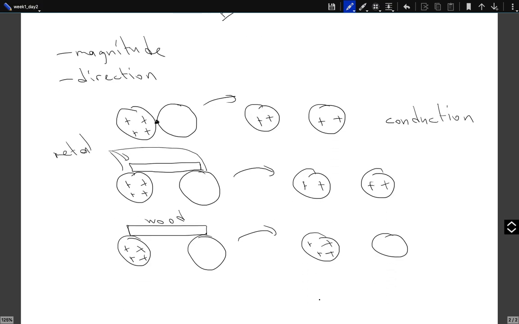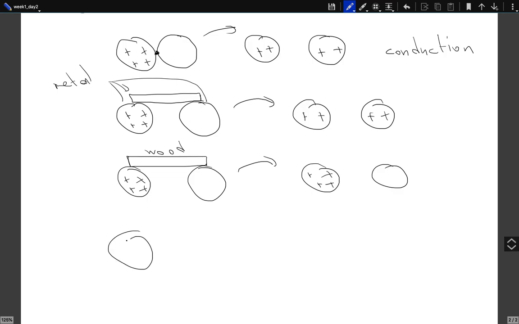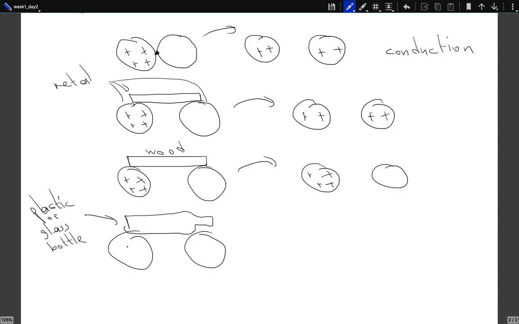It stays neutral. If you bring, what else would you like to try? Plastic bottle. Again, nothing happens.